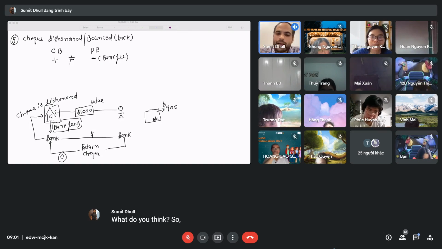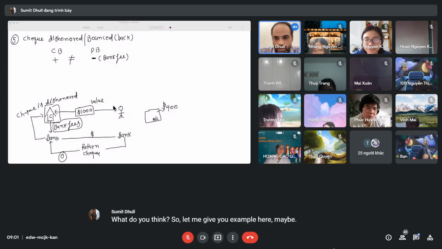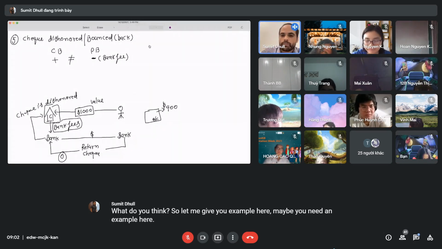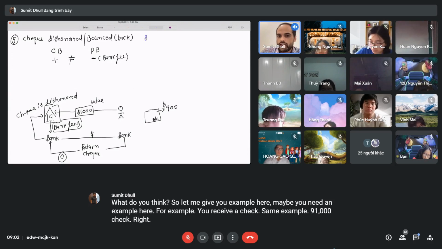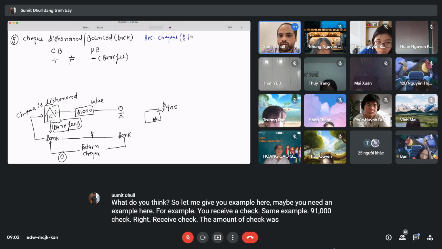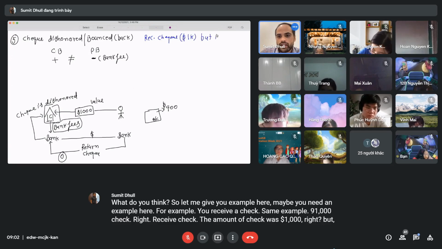So let me give you an example here. For example, you receive a check, same example, a $1,000 check, right? The amount of the check was $1,000, but it's dishonored.